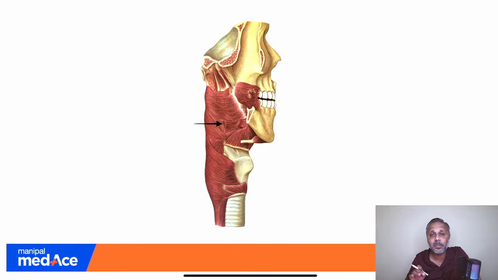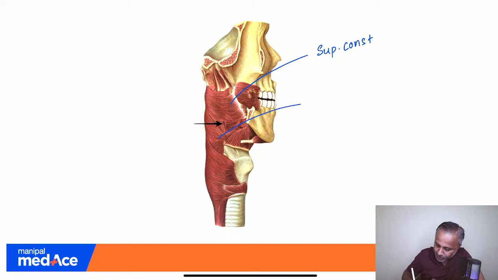When we talk about constrictors of the pharynx, the first thing is to identify the three constrictors. The muscles of the pharynx are arranged as constrictors and longitudinal muscles. Of the three constrictors, this is the superior constrictor, here we have the middle constrictor, and then the inferior constrictor.